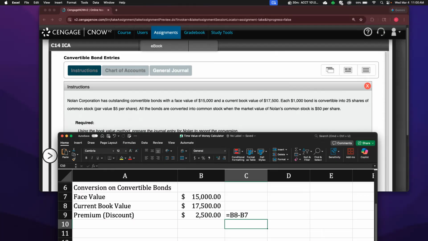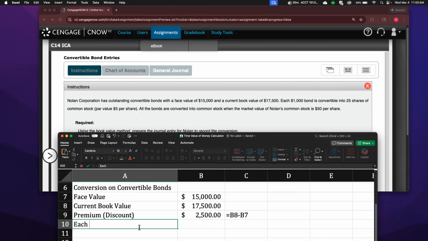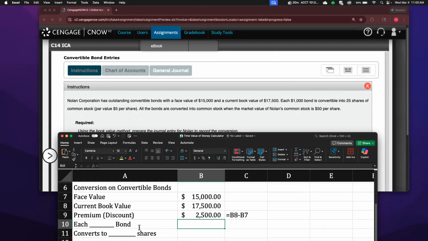Now we need to determine how many shares are issued. So each $1,000 bond converts to 25 shares.